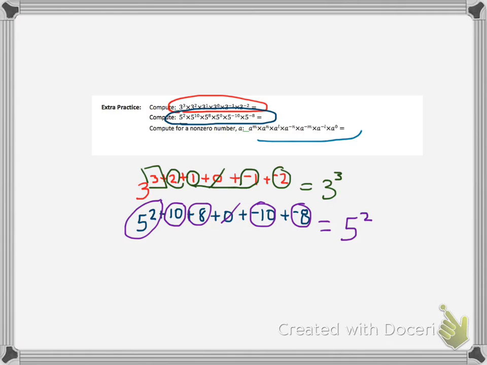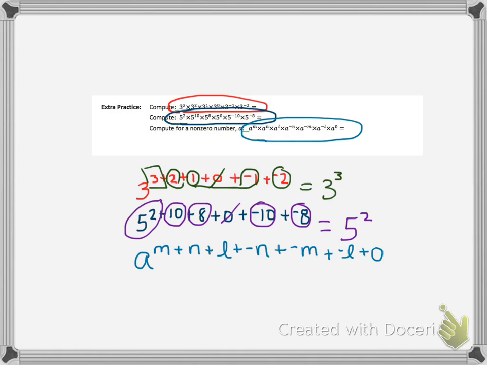And then we look at the next one. It's the same idea, just looking at it in algebraic form. Our base is a, and we have that base to the m plus n plus l plus the negative n plus negative m plus a negative l plus 0.